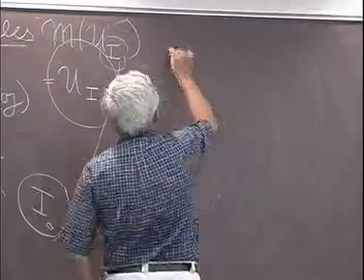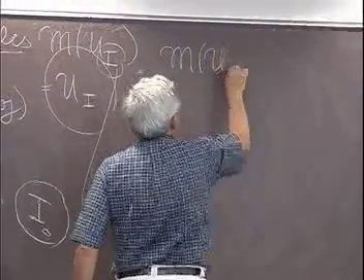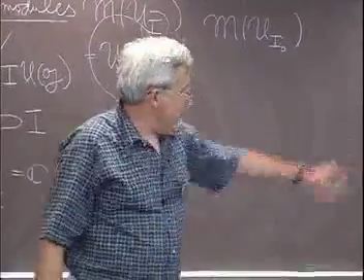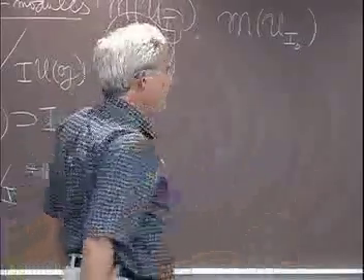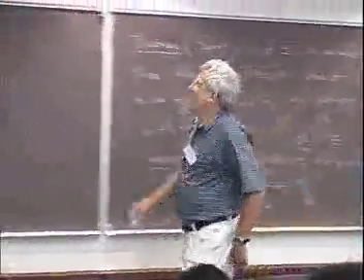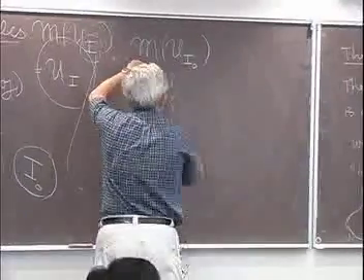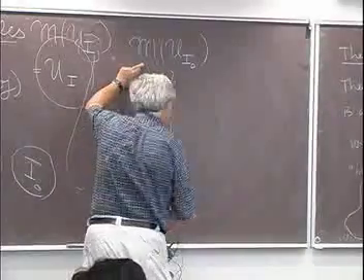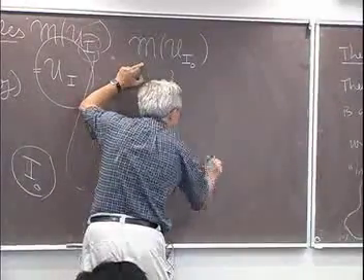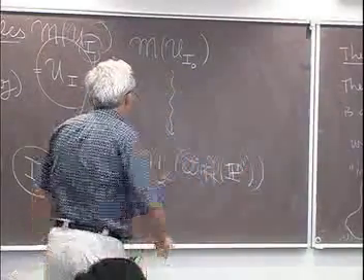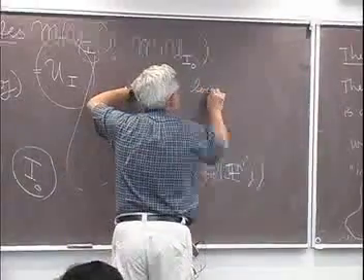I can look at the category of modules over this quotient of the enveloping algebra by the ideal generated by I_0, and I go from here into sheaves, again quasi-coherent, but you can forget this, over differential operators on P1. And this functor is the localization.